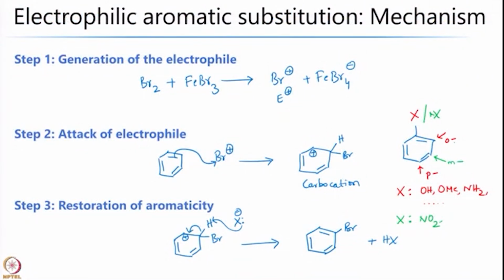So, one can understand why ortho and para positions are favored for electron donating groups and why meta position is favored for electron withdrawing groups by looking at what are called resonance structures of these benzene substituents. So, I hope one can convince themselves by looking at this, alright.